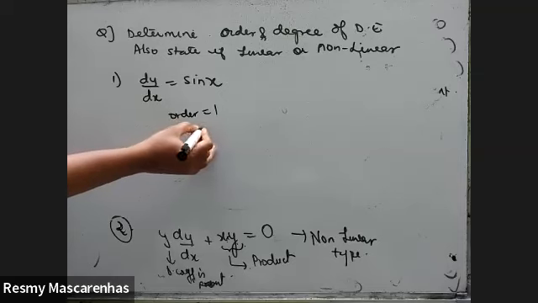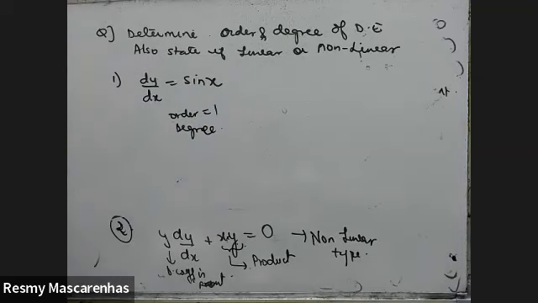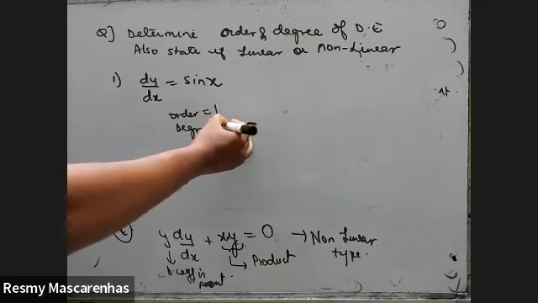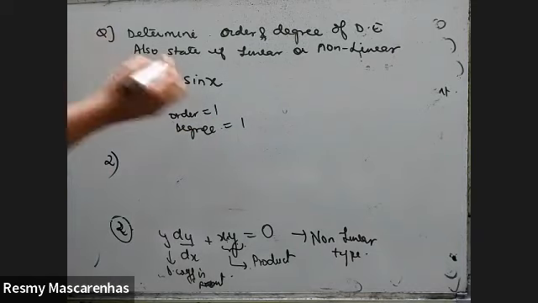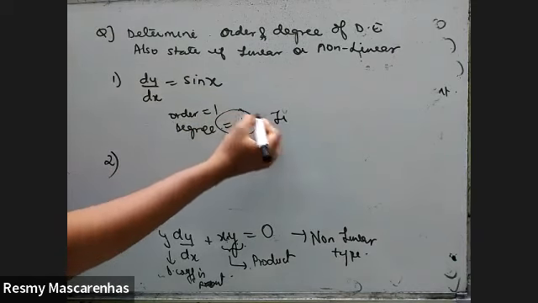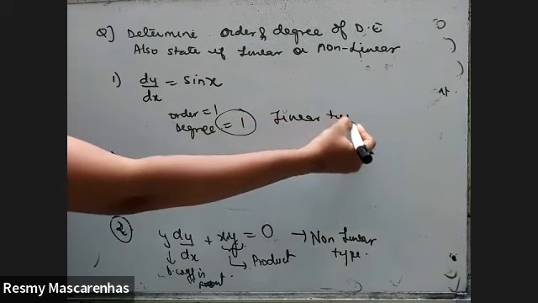The order is 1. What will be the degree? What is going to be the degree? Yeah, degree also will be 1. A linear type, because degree is 1, it is linear type.